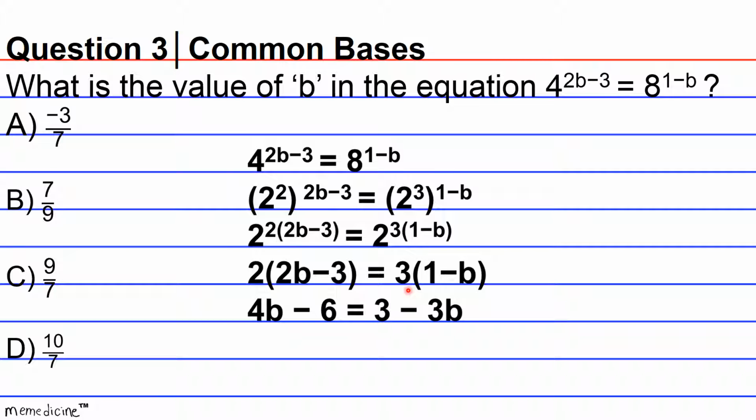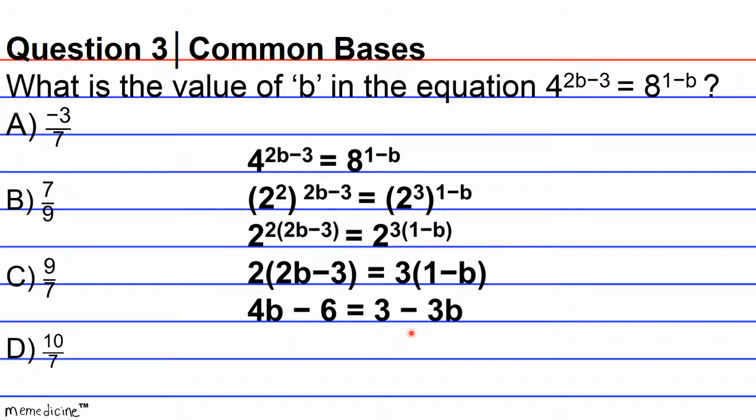Now, in an effort to solve for b, we're going to bring all the b terms over to the left-hand side, because we typically like to see the variable, the letter that holds the place of the number, on the left-hand side.